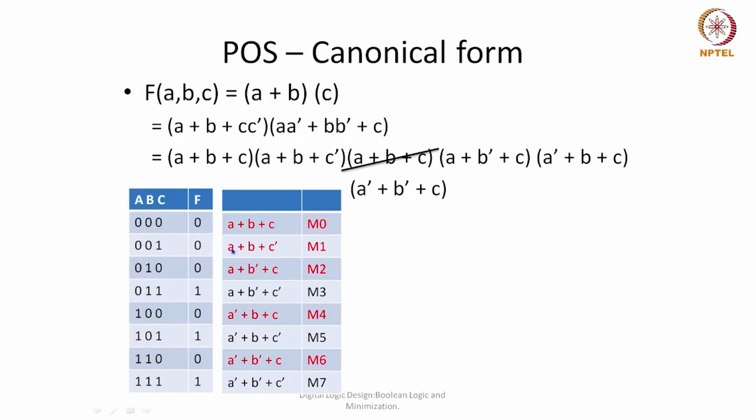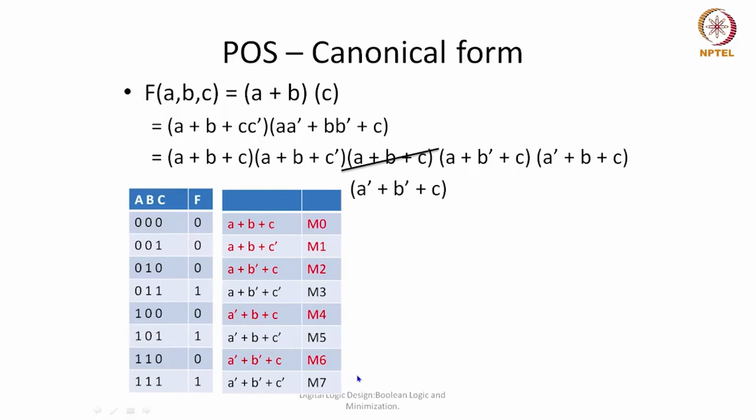Similarly, if a plus b plus c dash is the sum term, that means it would be 0 here and would be 1 in the rest of the rows. Similarly, we can find the sum expression corresponding to each row, and then we can also represent it using a decimal number 0, 1, 2, 3, 4, 5, 6, 7.